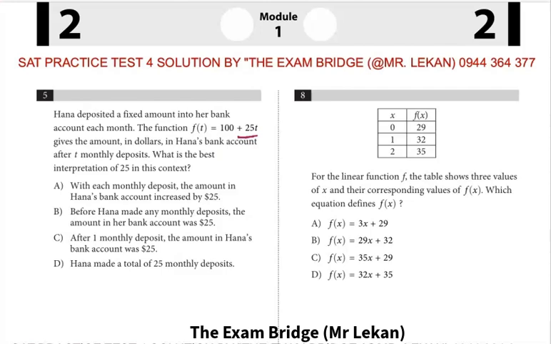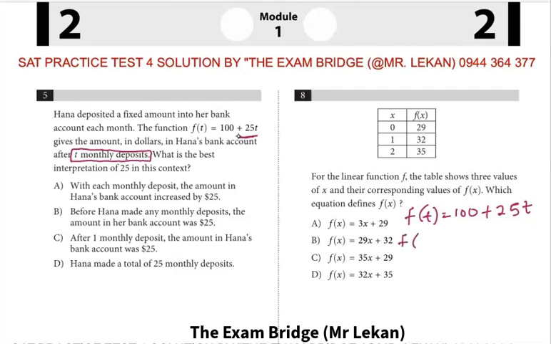Now, let me explain this function. f of t is equal to 100 plus 25t. Now, t is describing monthly deposit, as we can see here. That means before the deposition, time is 0.